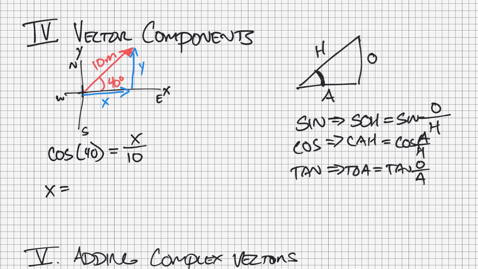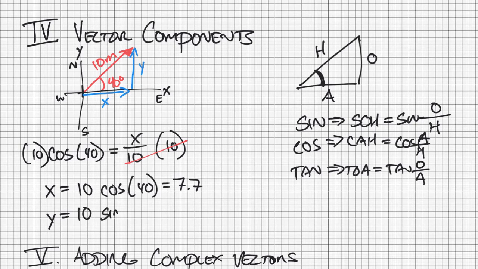I multiply each side by 10 to get X by itself, the 10s cancel, and X equals 10 times the cosine of 40 degrees. That gives me 7.7. The Y component is 10 times the sine of 40, which equals 6.4.